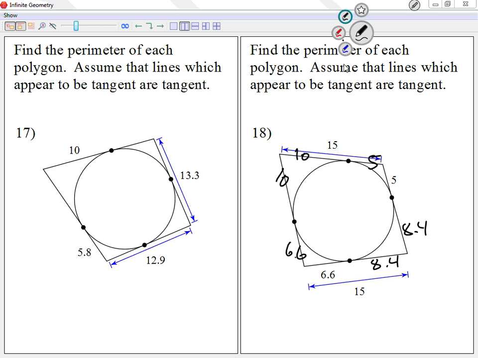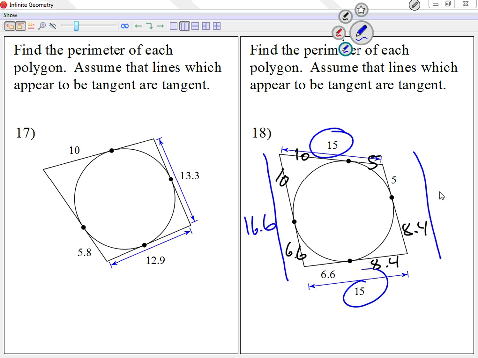Now for my perimeter, I know on the top is 15, at the bottom is 15, on the left I have 16.6, and on the right I have 13.4. You guys see where I got my numbers from? Add everything, and that will be your perimeter.